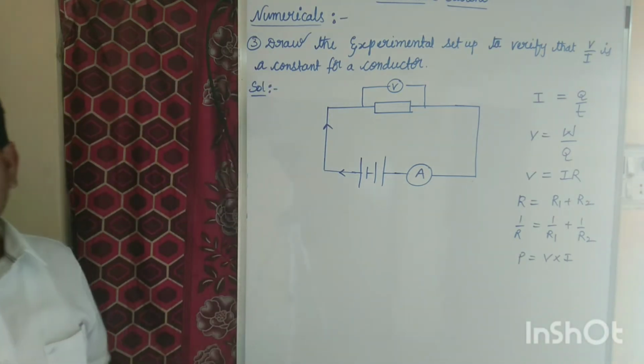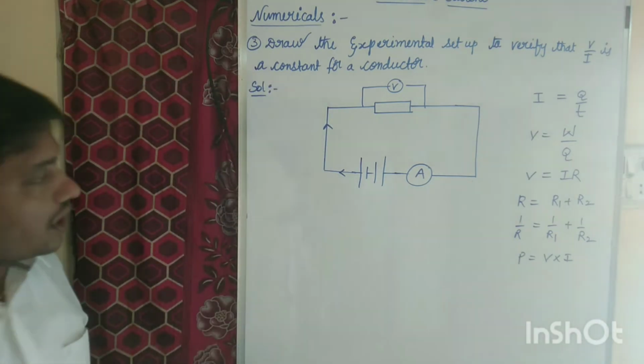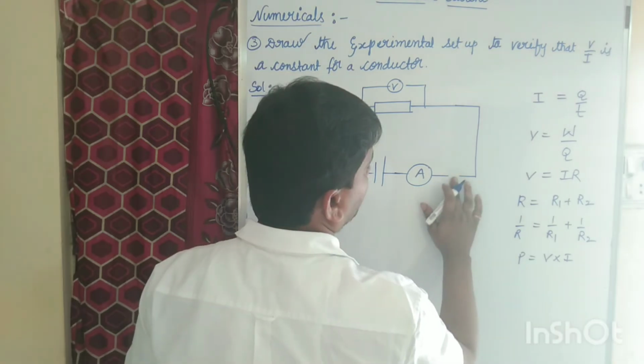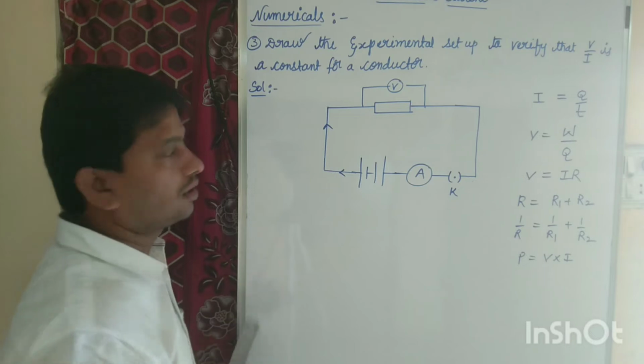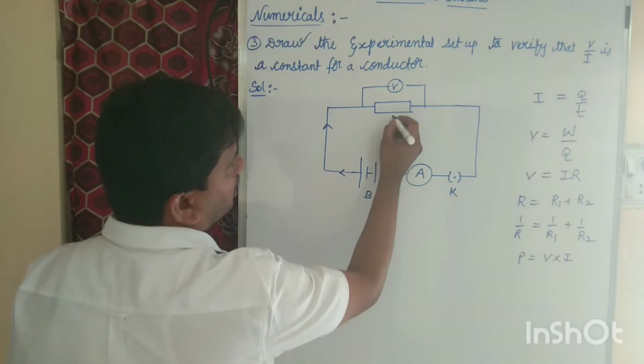This is our electric circuit diagram, and we forgot to put the key here. This is our battery and this is our conductor.